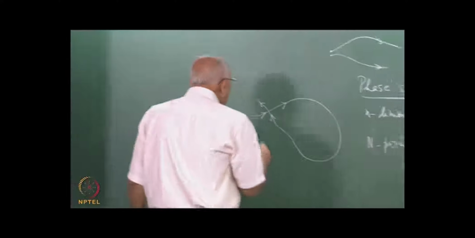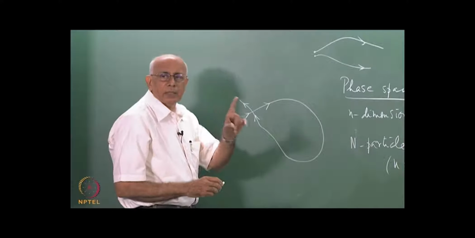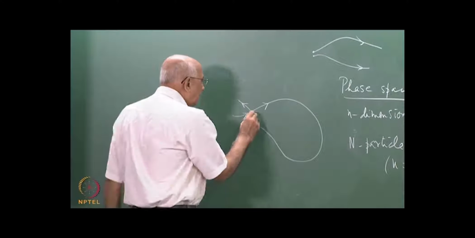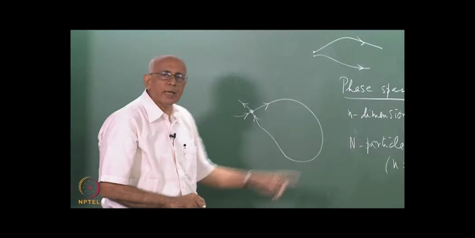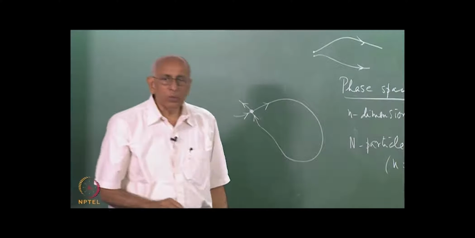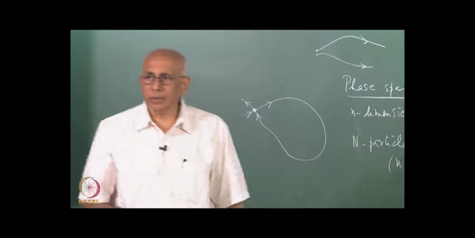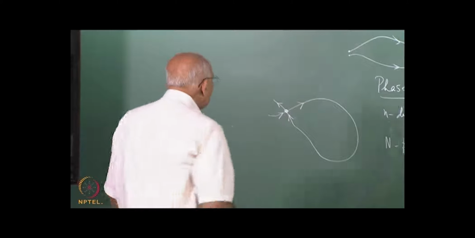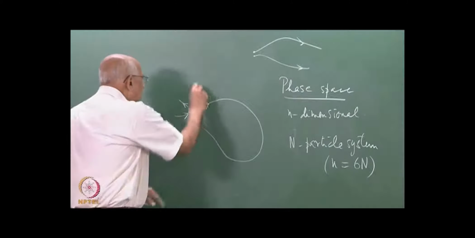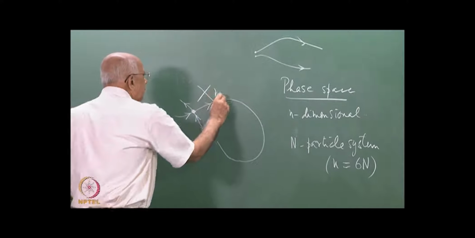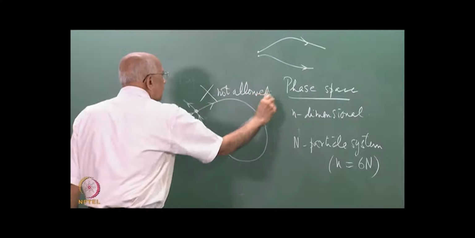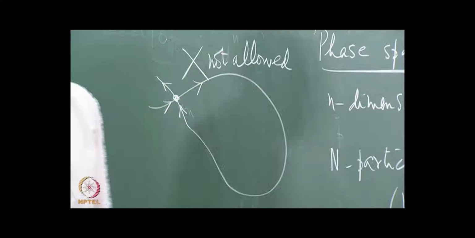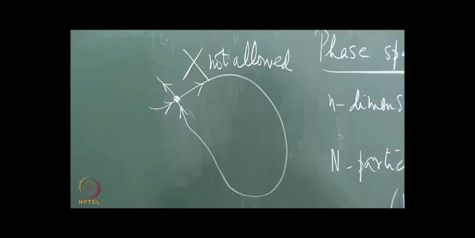And the reason is that you could choose any point as the initial state, and we could have started with this point as the initial state, and then there are two futures which goes against the theorem that you have a unique solution to these differential equations. So a self intersection of this kind is not allowed. So phase trajectory for an autonomous system cannot intersect itself.